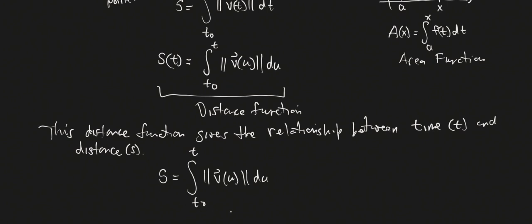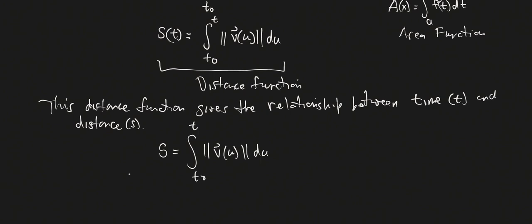But maybe what I could do is solve this equation and get t as a function of s. So in other words, it will allow me to replace t in my r(t) with a function now in terms of s.